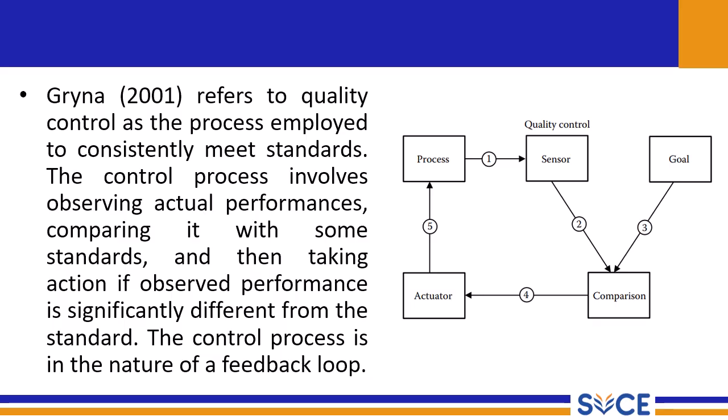So whenever it is deviating from the standard, then we are going to take some corrective action. This control process is in the nature of a feedback loop. So you can see here, process, sensor, goes to comparison and then goes again to the process. We check whether it is deviating from the actual performance.